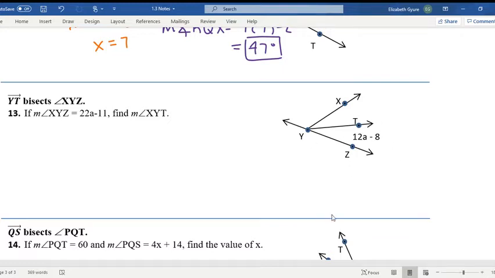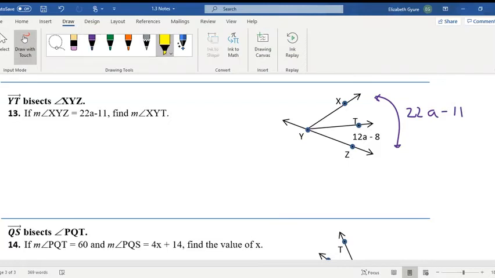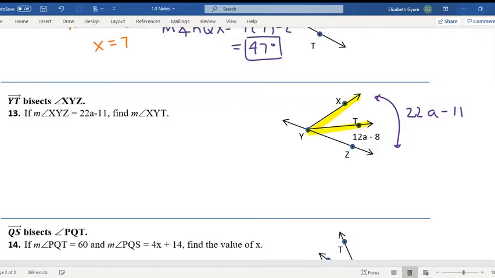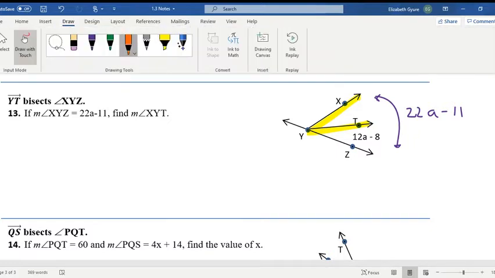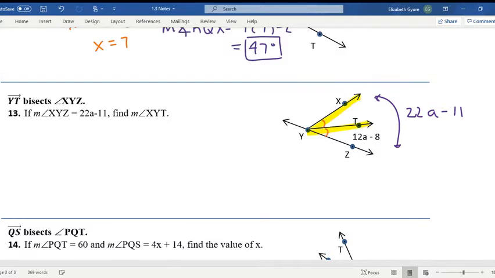So it's giving us information that's not labeled, so let's label that. This entire angle here is 22A minus 11. And it wants us to find XYT. That's this one. And we're told we have a bisector, which means our two angles are congruent. So make sure you mark that.